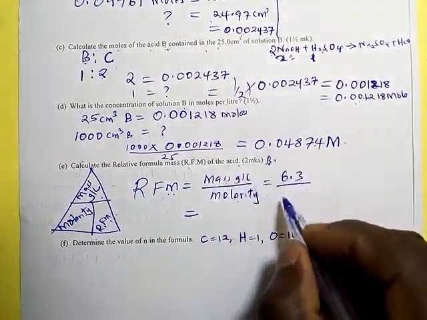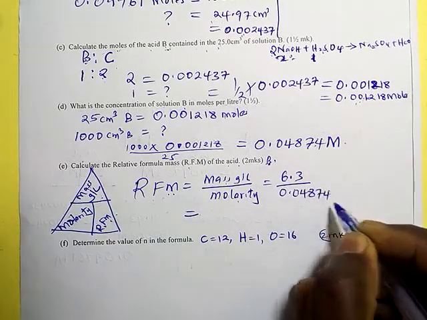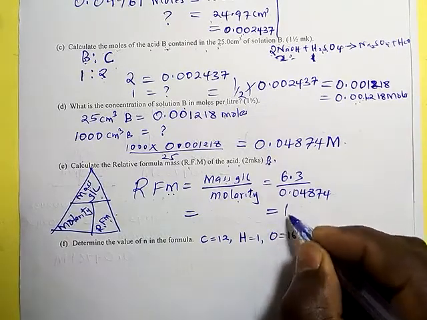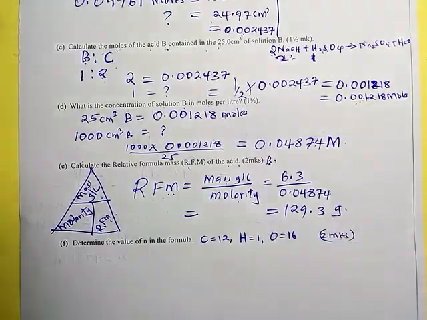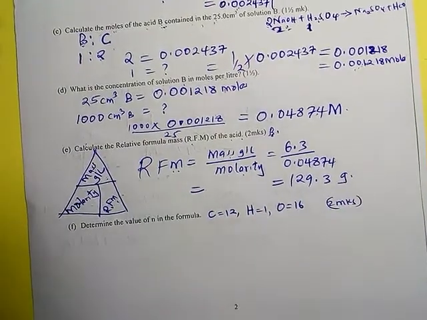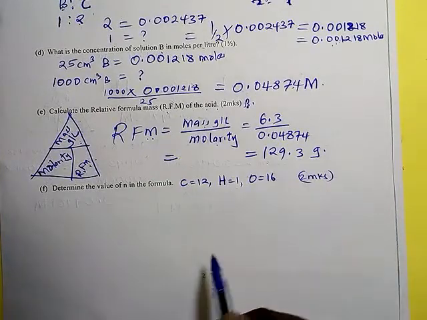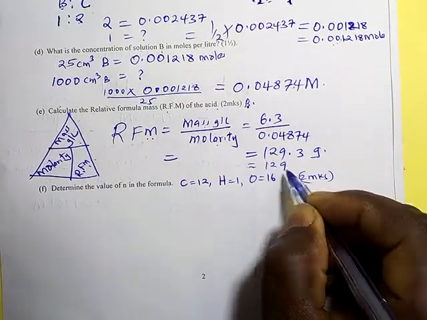Molarity of B is here, 0.04874. So when you use your calculator, you will get 129.3 and other. So this is grams, and that is the RFM. So we will approximate this one to be equal to 129.